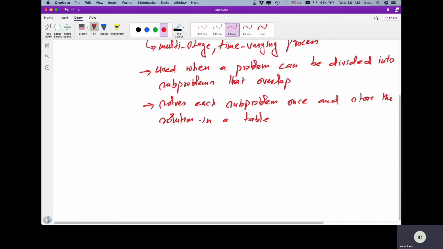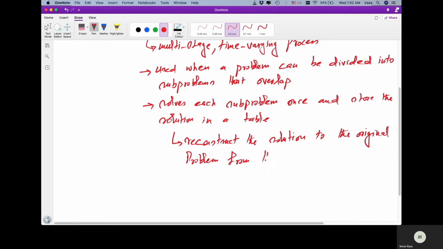So we can reconstruct the solution to the original problem from the solutions to the subproblems.